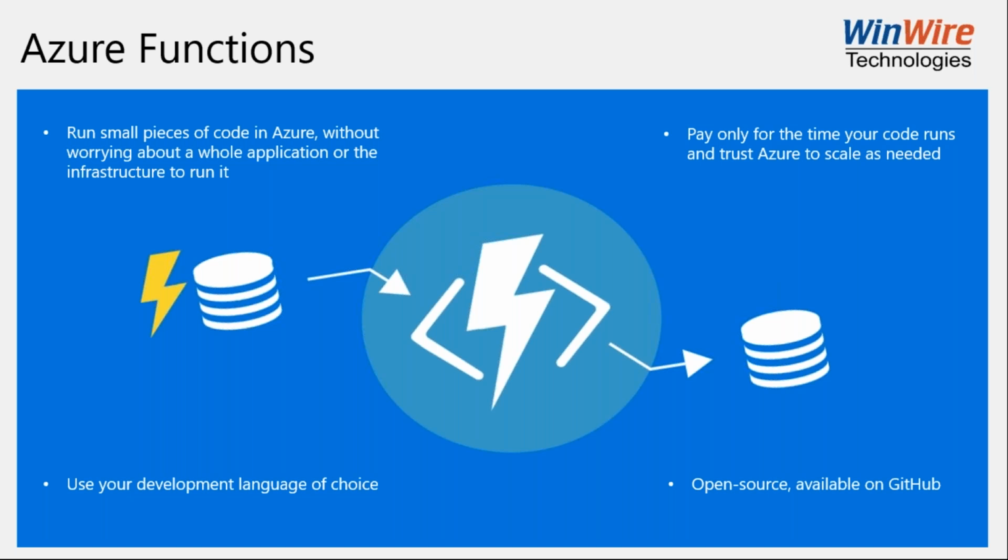It's not just that it's a Microsoft function, so you'll have C# as a language. You also have Java, PHP, Node.js, and so on. And as with most things nowadays, Functions is open source. The code is available in GitHub, so you can do your magic on top of that.